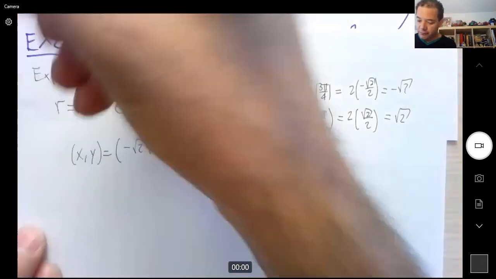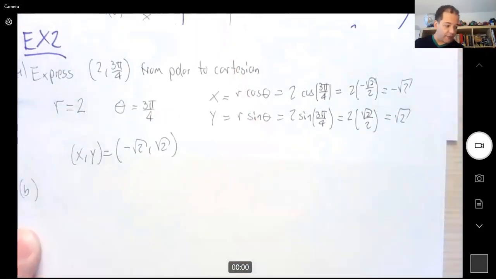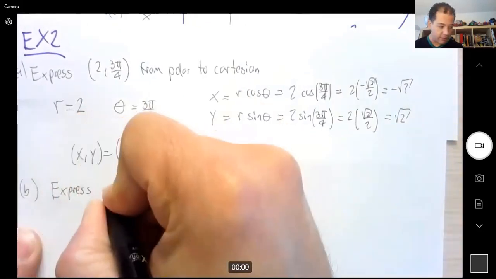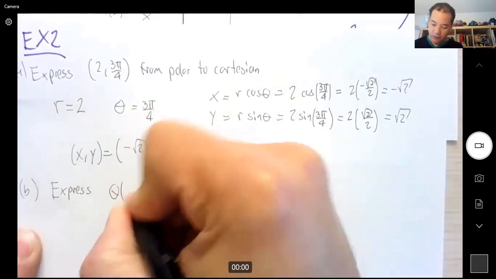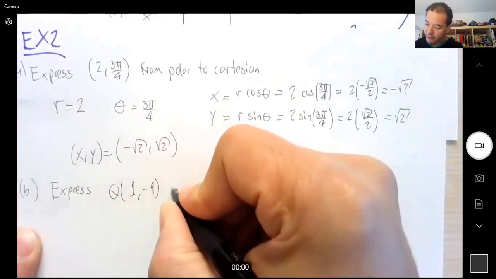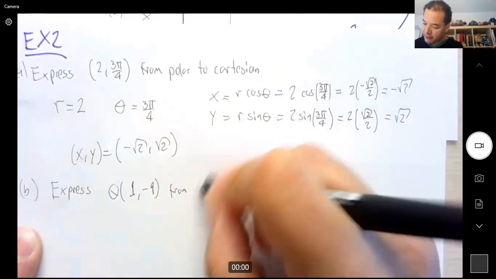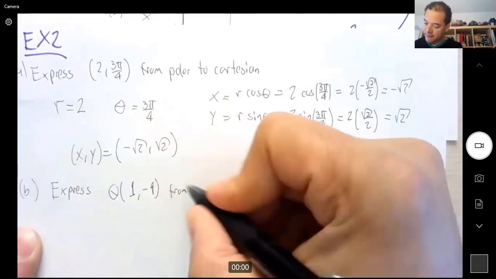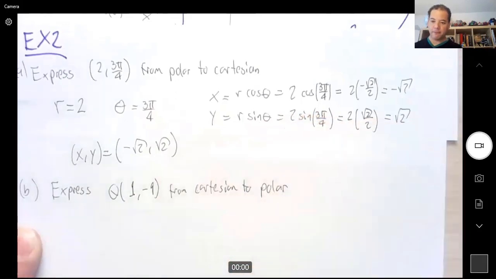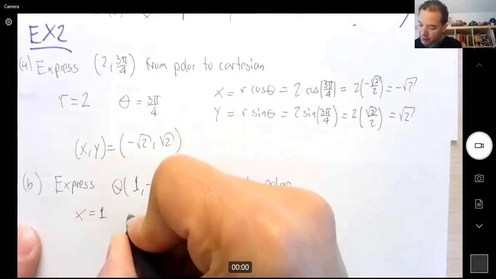So this was part A. So let's do part B. Part B now asks to express the point Q, with Cartesian coordinates 1, -1, from polar, I'm sorry, from rectangular, from Cartesian to polar. All right, so this is the x, 1, and the y is -1.